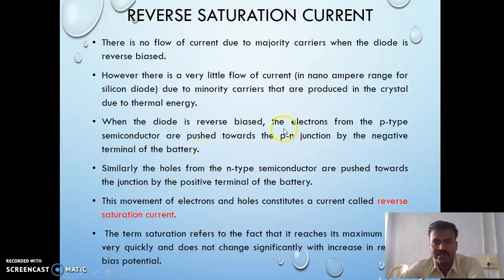When the diode is reverse biased, the electrons from the P-type semiconductor are pushed towards the PN junction by the negative terminal of the battery. Similarly, holes from the N-type semiconductor are pushed towards the junction by the positive terminal of the battery.